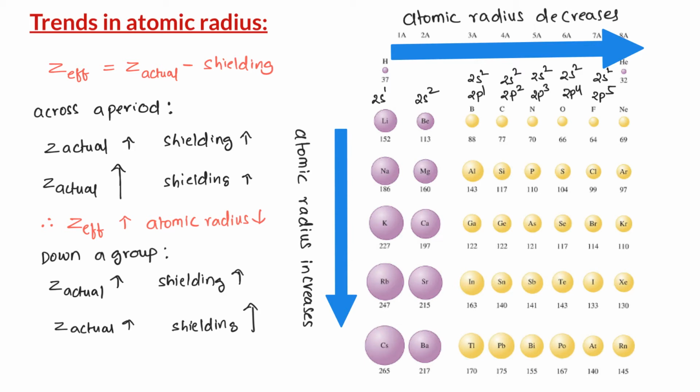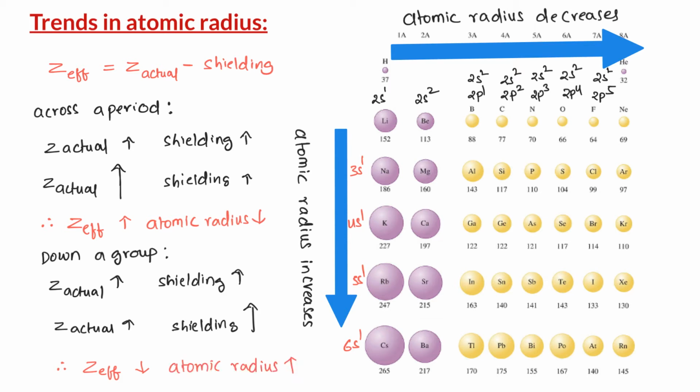The reason is, when we move down the group, each time we add an additional energy level to the atom, and the inner electrons effectively shield the outer electrons, therefore increasing the shielding by a greater amount. As a result, the effective nuclear charge decreases and the atoms get bigger.